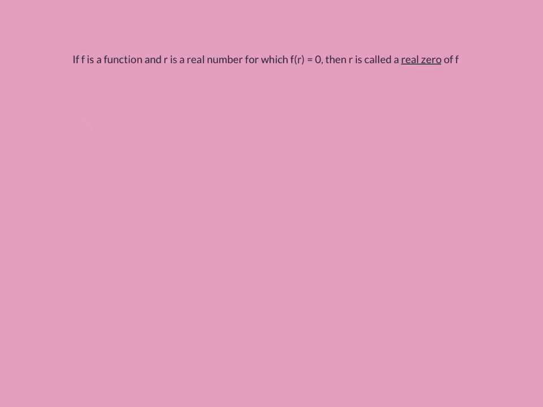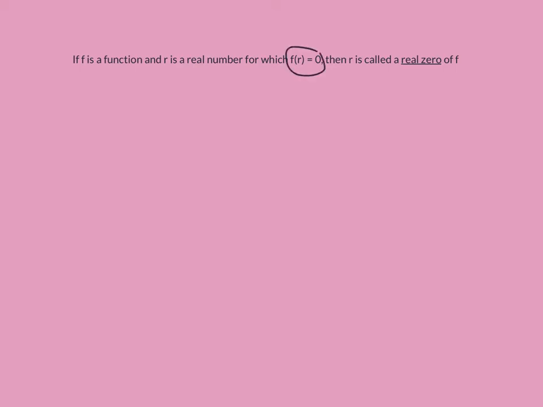So I'm going to give you a few vocabulary words that you may or may not have heard before. The first thing is a real zero of f. So that's a value where, if that's your x value or your input value and you plug it in, you will get your y value or your function value equal to 0.